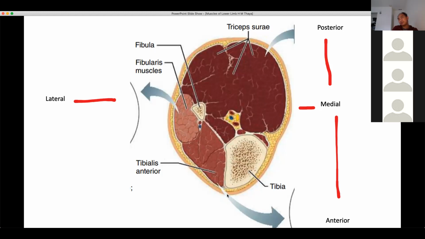This is the shin, the sharp edge of the tibia. This divides the leg into the anterior compartment, the lateral or peroneal compartment, and the posterior compartment. The posterior compartment muscles are divided into superficial group and deep group.